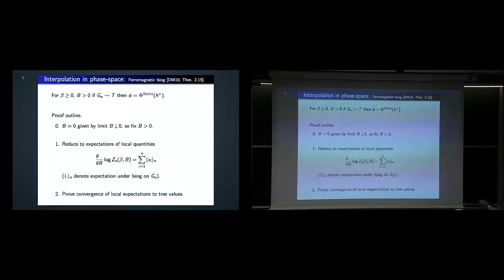But for the ferromagnetic Ising models, I claim that at any level of interaction, every temperature if you want, even up to infinity, as long as the magnetic field is strictly positive, if a graph converges to a tree, I don't care what the sequence of graphs is, the formula for this factor phi is equal to the formula phi beta, and I tell you what to put in.